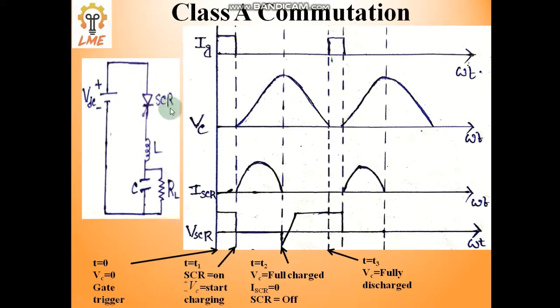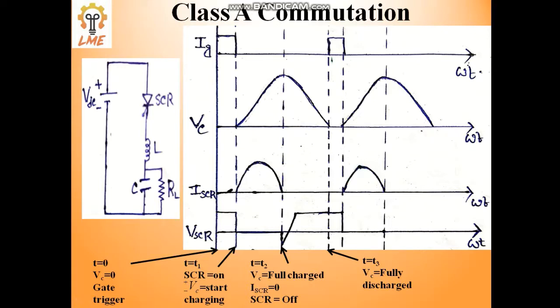So the voltage across the SCR is equivalent to VC, which is reverse, because the upper plate is positive and the lower plate is negative. That is why the voltage across the SCR is in the negative half. Then the capacitor starts discharging, so the voltage across the SCR increases again and returns to its previous position, the same as VDC. In this way class A commutation is performed.